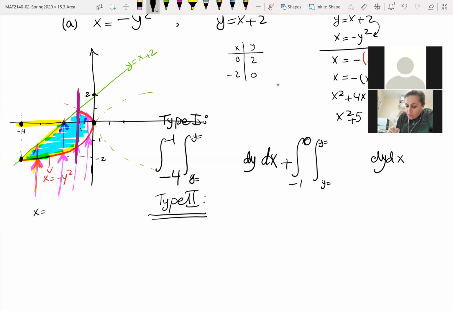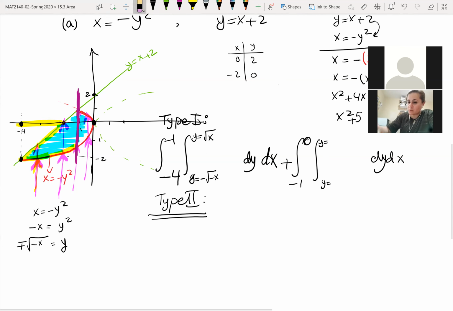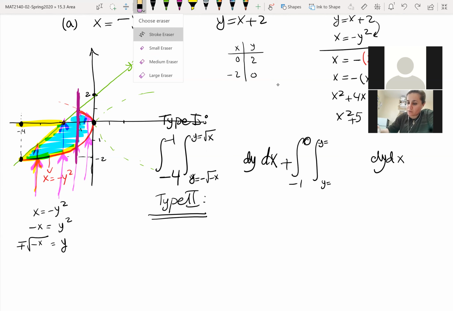You have x equals negative y squared, so negative x equals y squared, so y equals plus or minus the square root of negative x. It goes from the negative square root, which is down here, to the positive one, the top one, which is x plus 2.